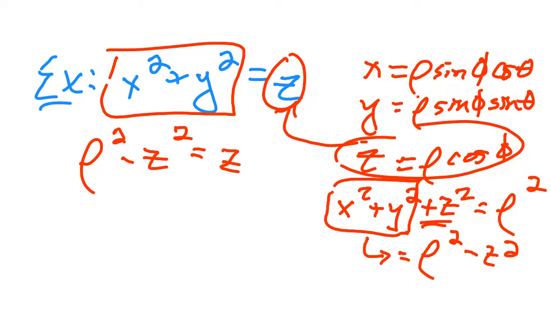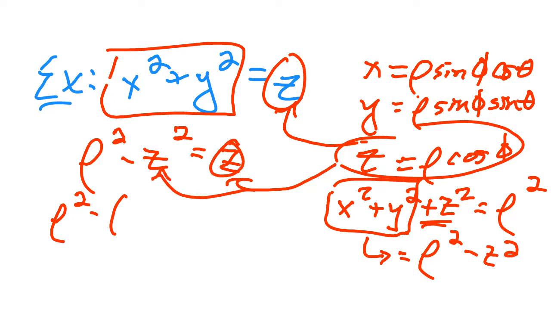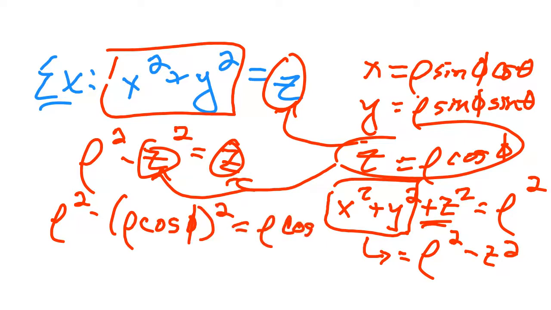All right, so anyway, I can rewrite this as rho squared minus z, putting in z, I can plug it in there, here, and here, right? And so it's rho cosine phi quantity squared, and then equals rho cosine phi.